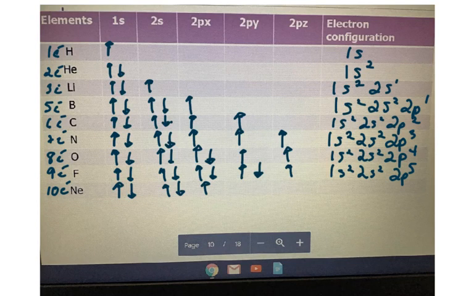So here's all our up arrows. That gives us 7 electrons. Number 8, number 9, and number 10. And we end up with 1s2, 2s2, and 2p6. Now, when you're asked for an electron configuration, you'll be giving me something that looks like this column. If you're asked for a diagram, that's when you do the arrows in the boxes.